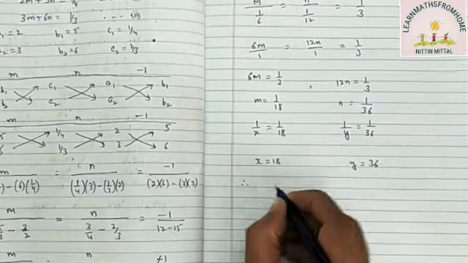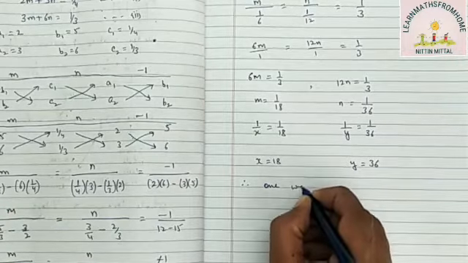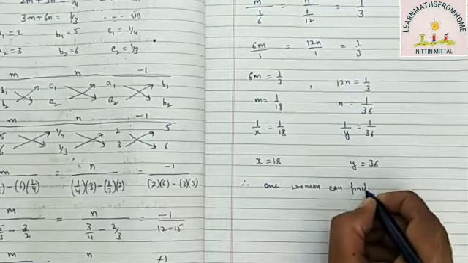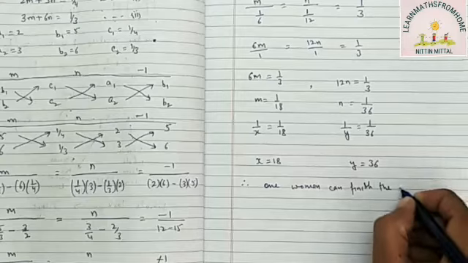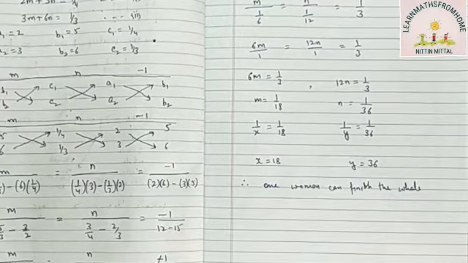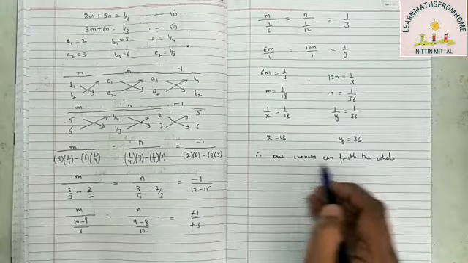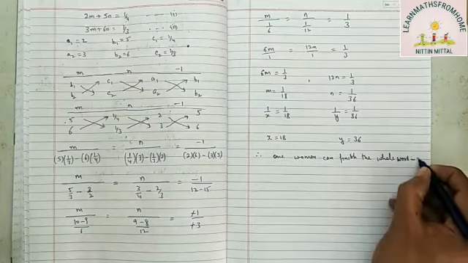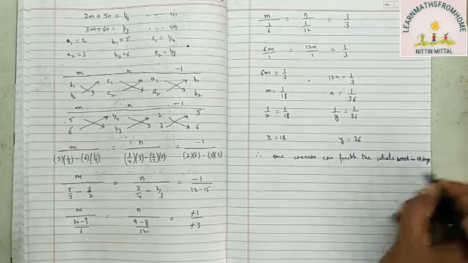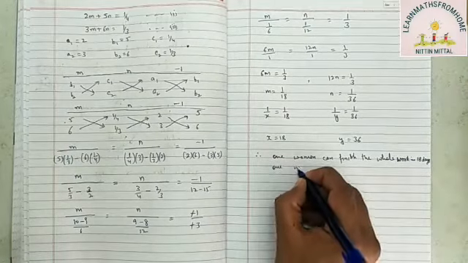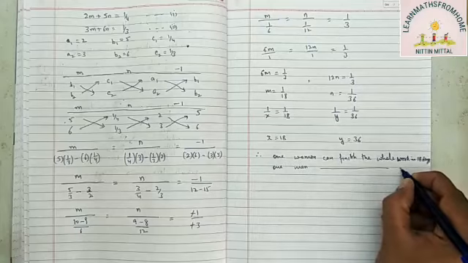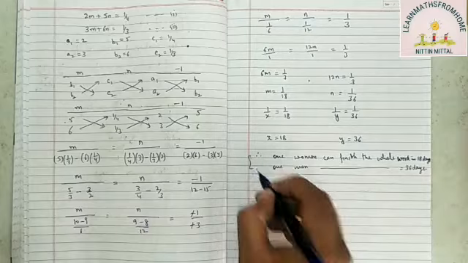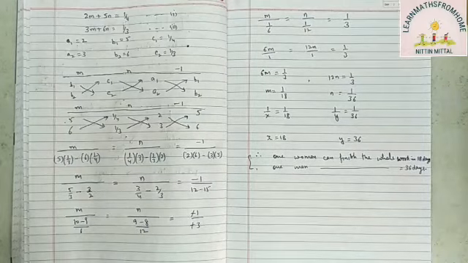One woman can finish the whole task in 18 days, and one man can finish the whole task in 36 days alone. So this is the answer of question number 2, second part.